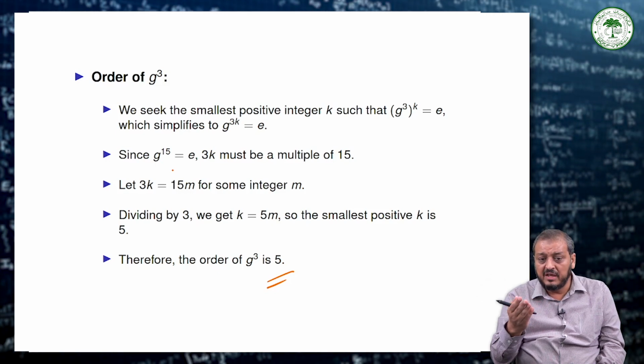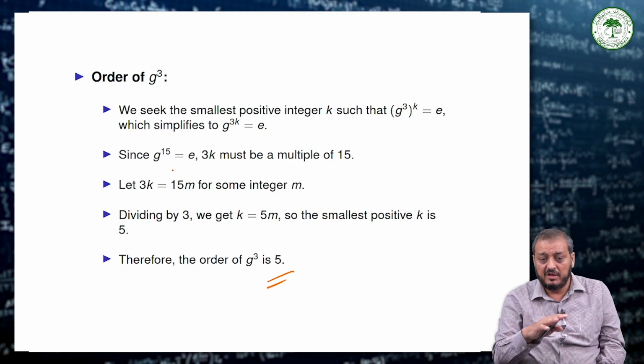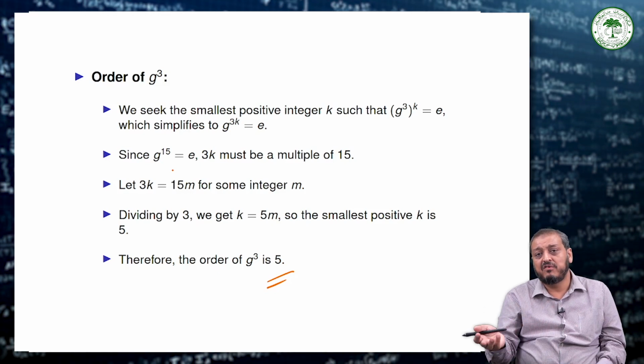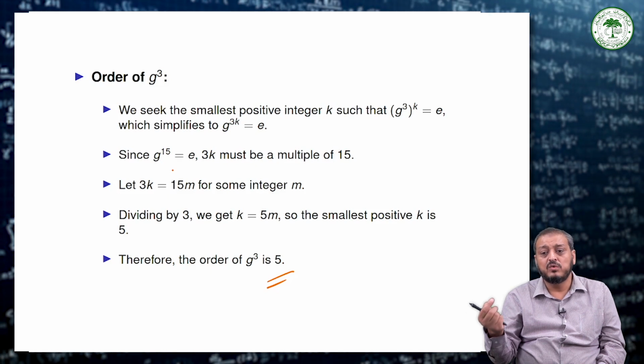So, 3k is equal to 15m for some integer m, and then k is equal to 5m. Taking m equal to 1, the smallest positive integer is k equal to 5.